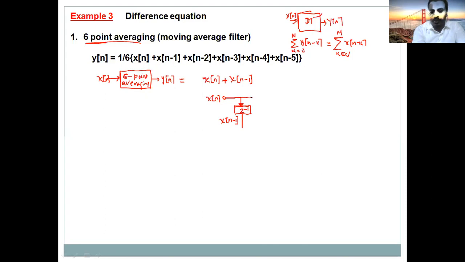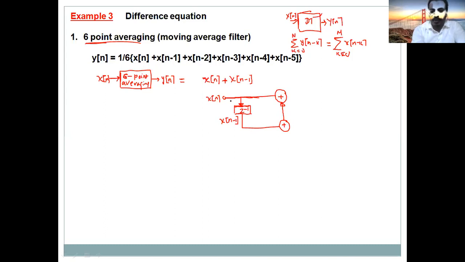So we need another circuit element called an adder. In analog systems, as you know, we use capacitors, resistors, and so on. Here, our basic components are delay elements and adders. So this signal, which is a previous input, comes here and is added with x of n.